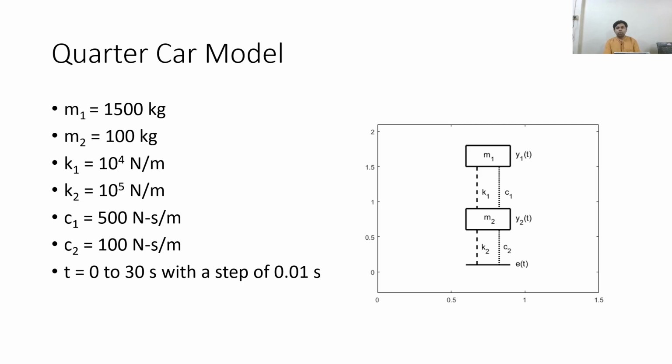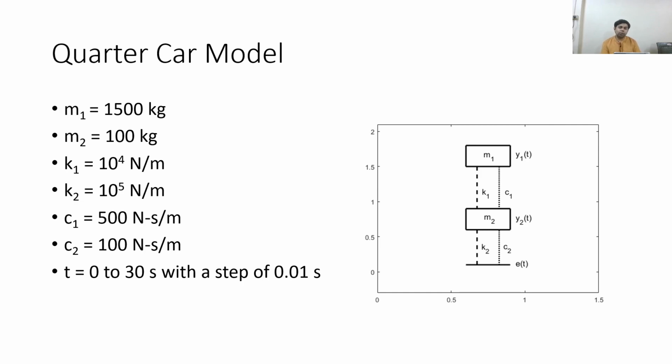Now the role of our suspension will be to ensure that the amplitude of the displacement of the mass m1, or the car body, should be as small as possible. The passenger should not feel too much of the bump here.